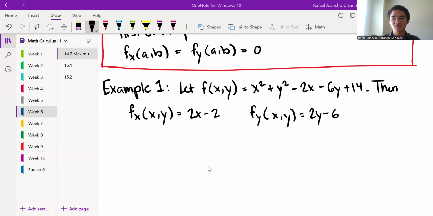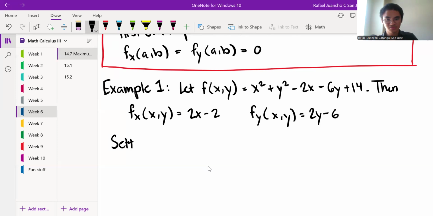So if we set them equal to 0, we can find the critical point, right? By critical point, I mean it's either a local or an absolute maximum or minimum, right?